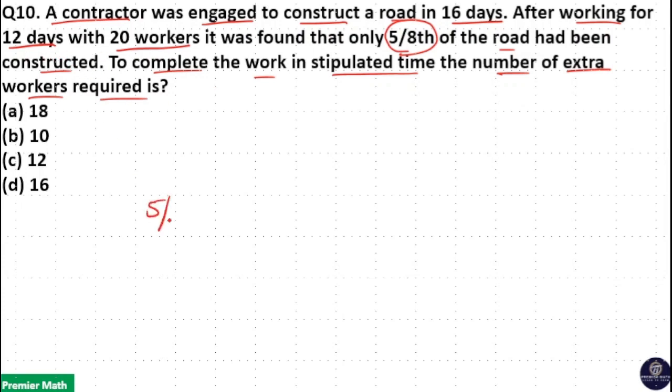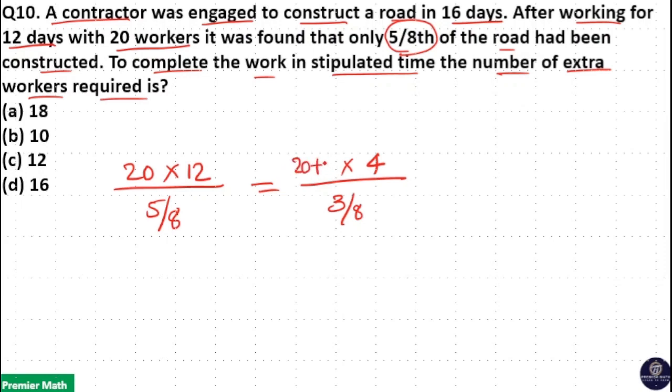So 5/8 of the work completed in 12 days with 20 workers. Now the remaining work is 1 minus 5/8, which is equal to 3/8. So 3/8 of the work should be completed in, remaining days are 16 minus 12, so 4 days. So 3/8 of the work should be completed in 4 days with 20 plus X extra workers.